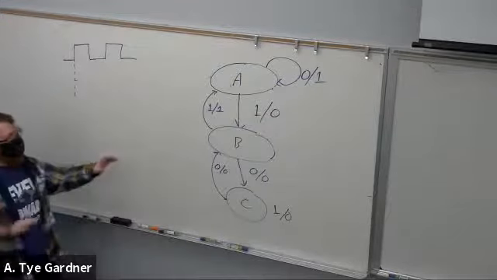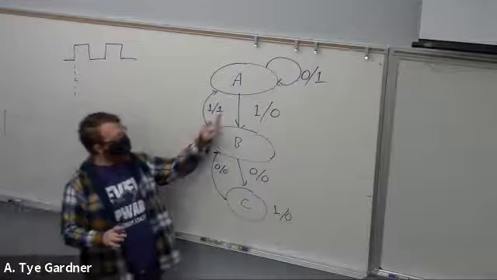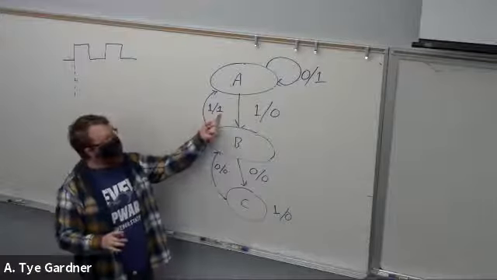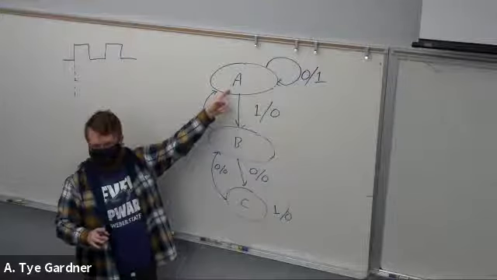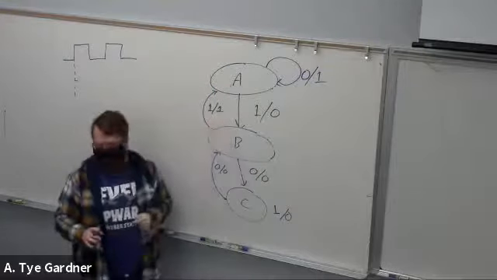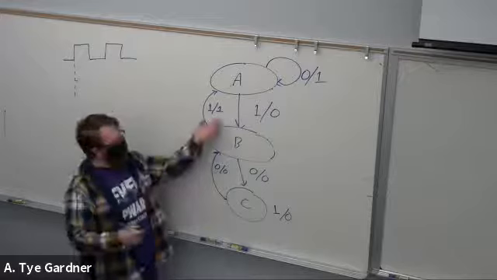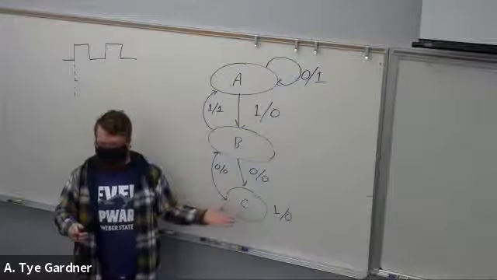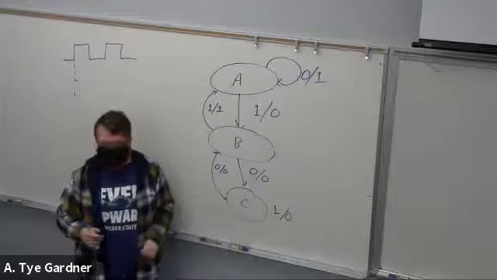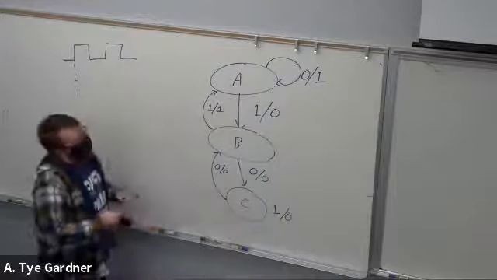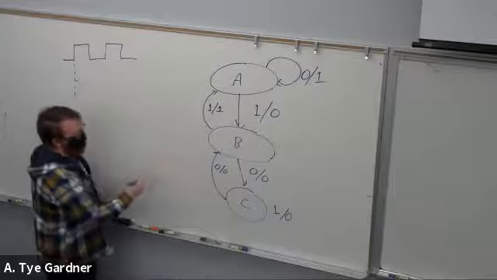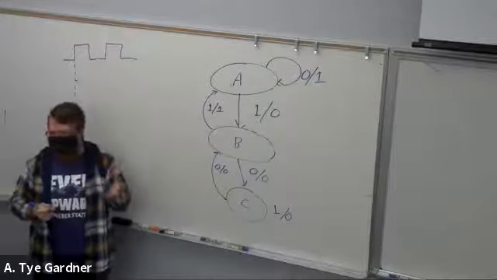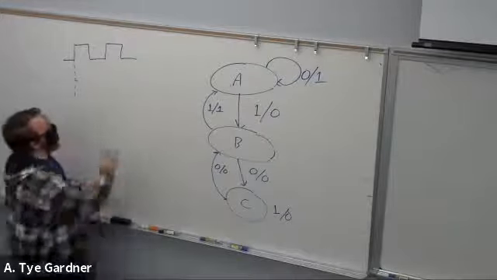The only time that this is outputting a 1 is if I'm in state A and I see a 1. So basically this is checking for 1s without long strings of 0s, more or less. So let's discuss what's happening here. Each clock period, the machine is going to see an input.